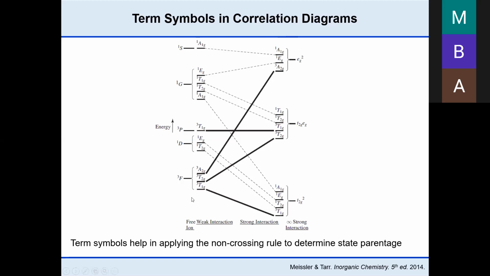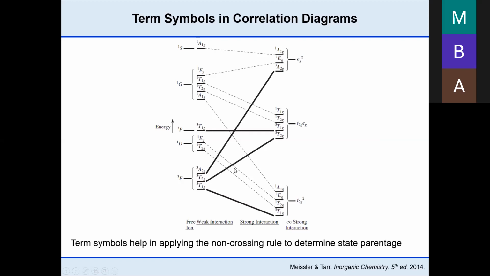To apply the non-crossing rule means essentially that terms of identical multiplicity and symmetry cannot cross one another. So focusing on this triplet T1g set here of triplet F parentage and the triplet T1g of triplet P parentage, we cannot draw a correlation between this and the triplet T1g in the ground state, or this and the triplet T1g in the excited state, because this would result in a crossing of these two states with identical symmetry.